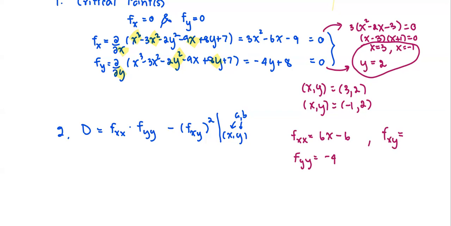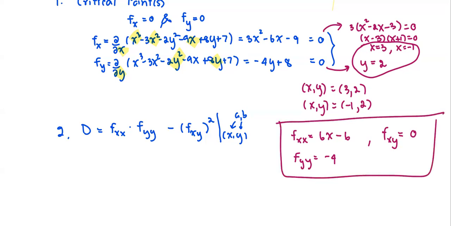In this case, if we look at the first one, f_x, we do not have any y variable in there. That means the mixed second partial derivative can be 0. The same goes for negative 4y plus 8: if we take a partial derivative with respect to x, we're going to get 0 the same.